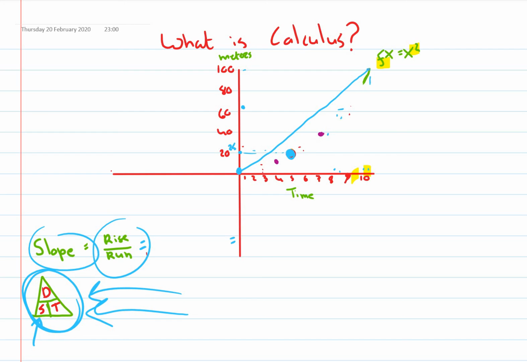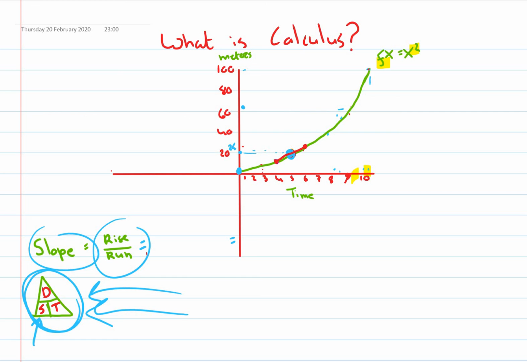Someone else might come along and say, well, actually, if we got the slope of the curve between 6 seconds and 4 seconds, that'll be pretty close to his actual exact speed at 5 seconds.